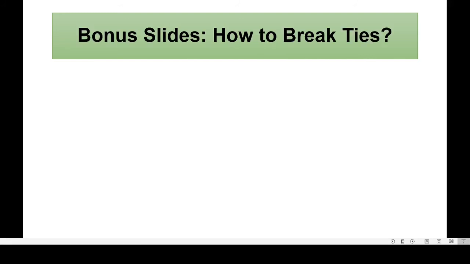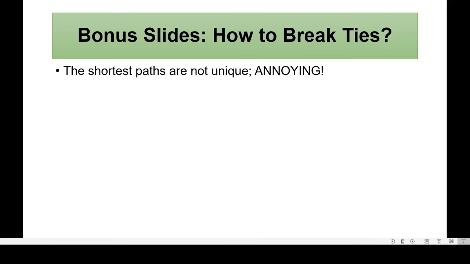Okay, I also want to share with you how we break ties, that is, how we deal with non-unique shortest paths. Recall that in an unweighted graph, the shortest paths are usually not unique, and this is annoying. Our solution is as follows. First, we assign a distinct index to every edge.